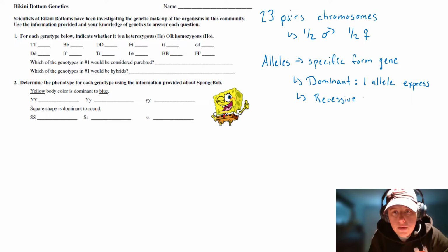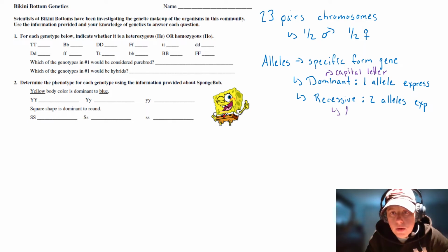And your recessive trait, you need to have two alleles to express it. Now, our dominant trait, we usually represent that allele with a capital letter, and a recessive trait, we usually represent with a lowercase letter.